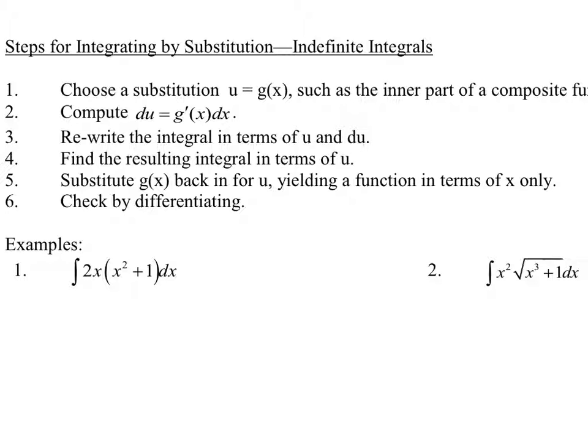Well, what we do is we choose a u. That u could be a function such as the inner function of a composite function. If it's exponential, it could be the exponent. If it's a log function, it can be contained within the logarithm. Same thing with the trig function, sine of, let's say, x squared plus 1.